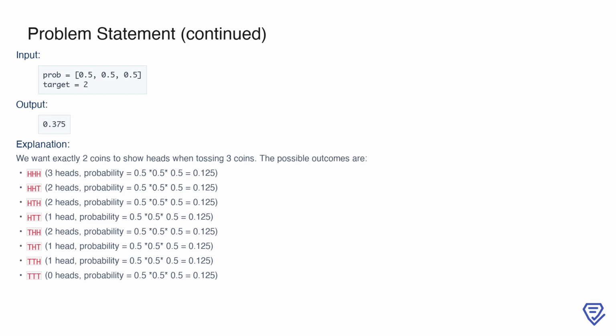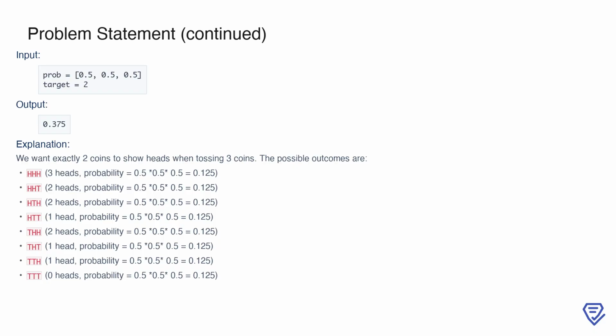For these 3 coins, the outcomes include combinations like HHH, HHT, HTH, HTT, and so on. Each combination has a probability determined by multiplying the probabilities of heads or tails for each coin in that specific outcome. For instance, the probability of HHH is 0.5 * 0.5 * 0.5, which equals 0.125.